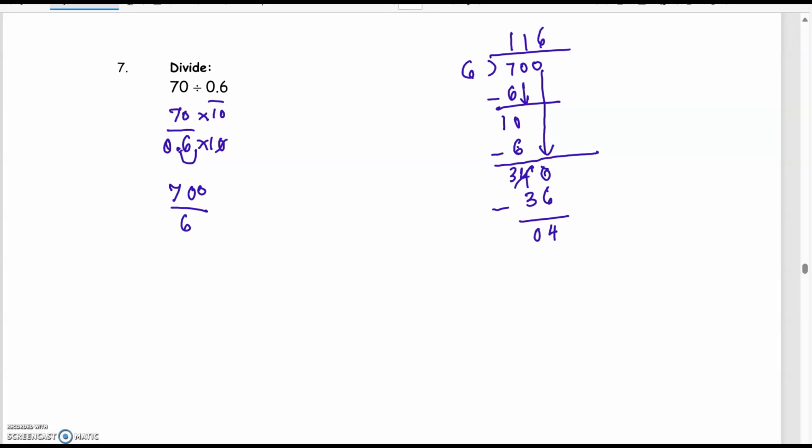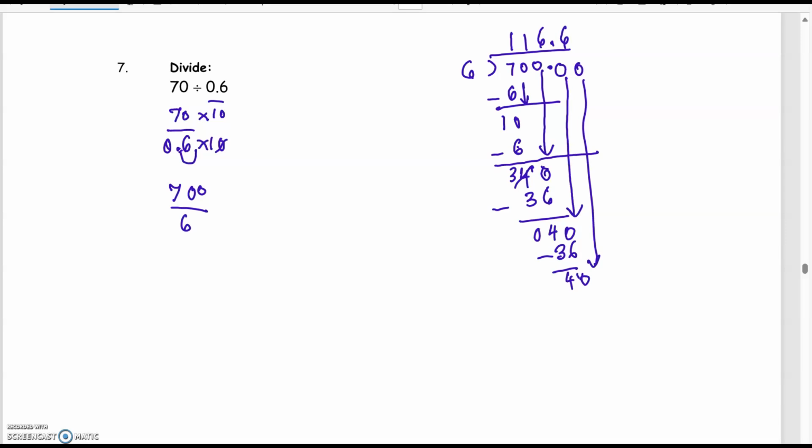But if we are doing decimal division, we put a decimal dot and we continue adding zeros at the end, which is after the decimal point. 6 sixes are 36. Again, you see the recurring number.